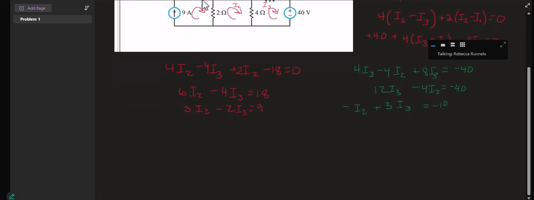All right, and then negative I2 plus 3I3 equals negative 10.